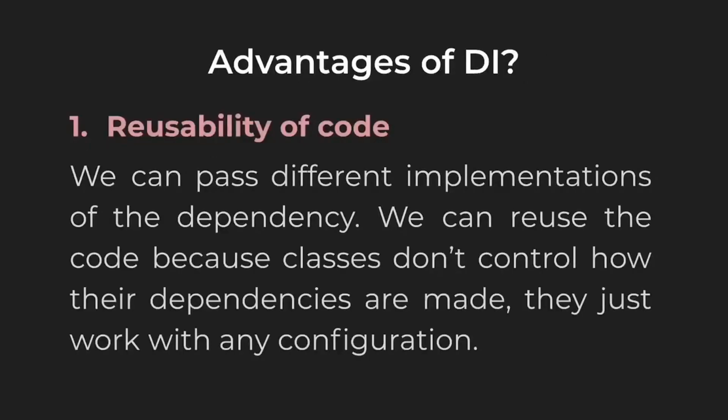So I just talked about the most common ways to do dependency injection. Now I will talk about the advantages of dependency injection. So firstly, reusability of the code. As we saw earlier with the dependency injection, we were able to create a tubeless tire car and an electric car using the same old car.